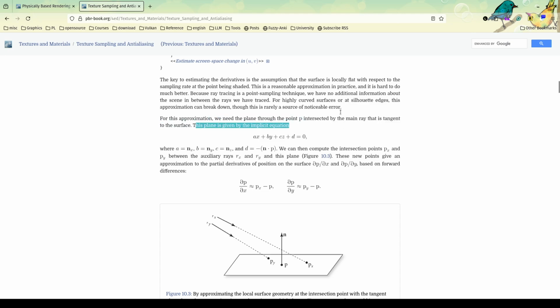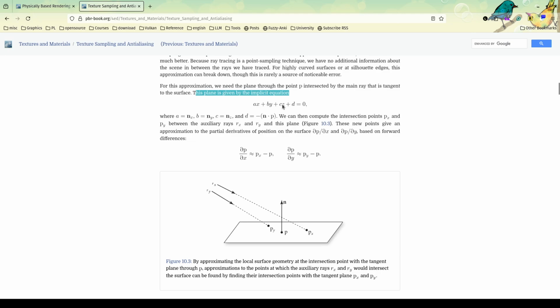So the plane is given by this implicit equation, where A, B, C are just components of the normal, and D is the normal dot the point.